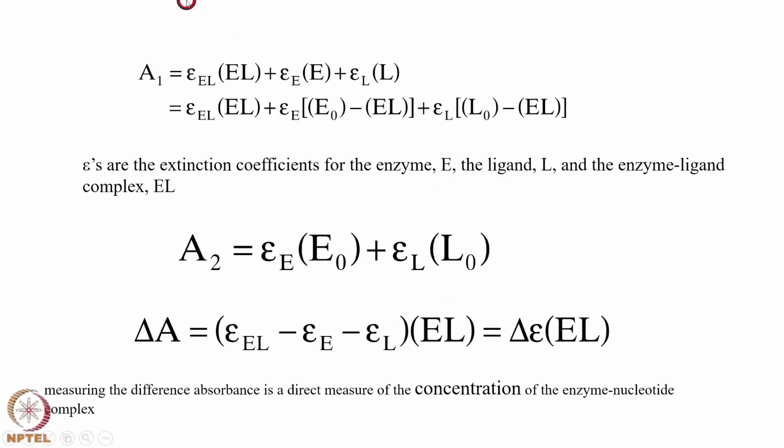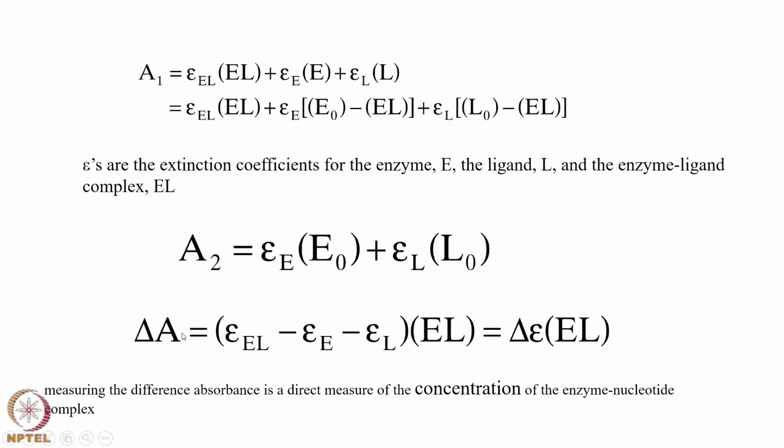The absorption is of EL, enzyme plus ligand, and the concentration of each individual component one can find out, and you solve the equation. Say A2 is just enzyme and ligand, A1 is the mixture, you take the delta A, and by measuring the difference absorption you directly measure the concentration of the enzyme nucleotide complex.